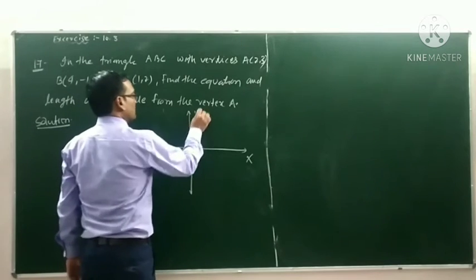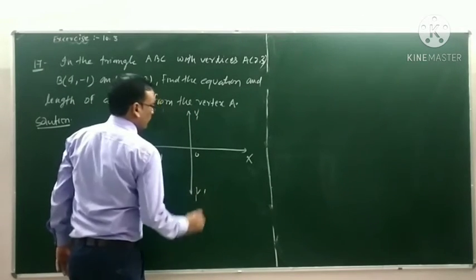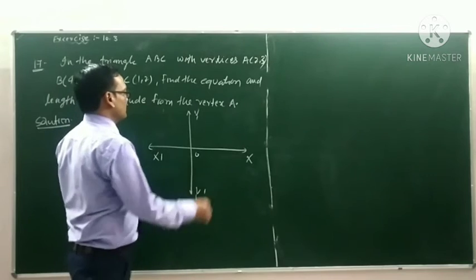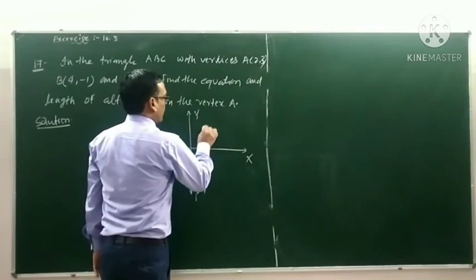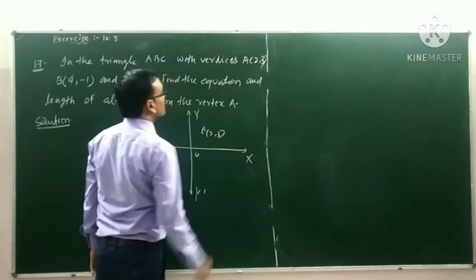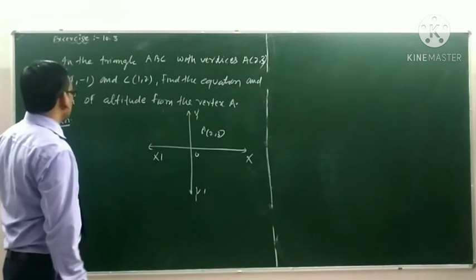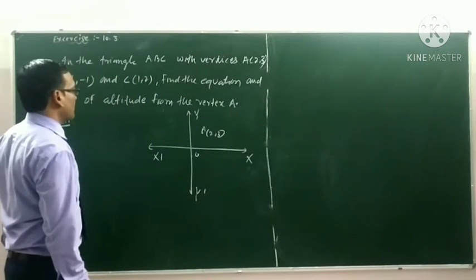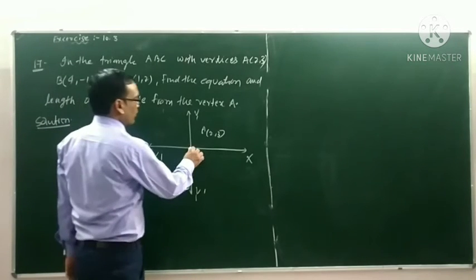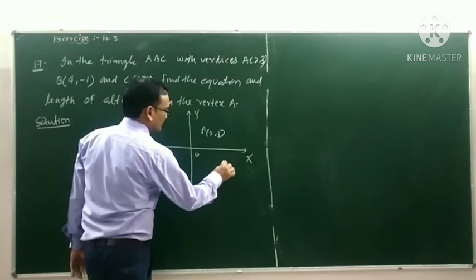X O X dash, Y O Y dash. Point A is 2 comma 3 and point B is 4 comma minus 1.